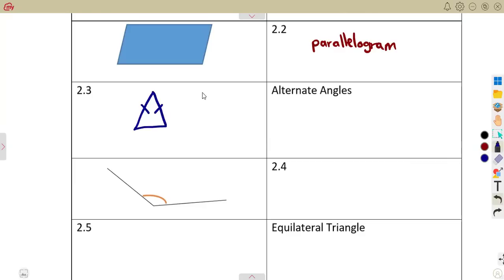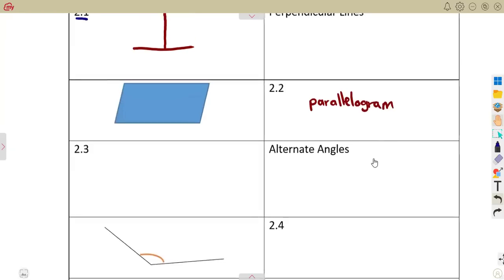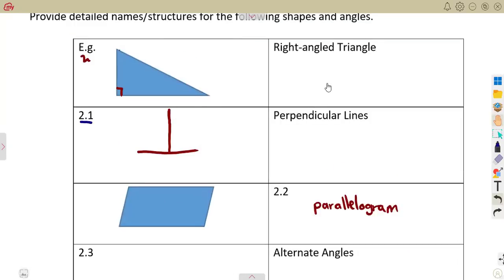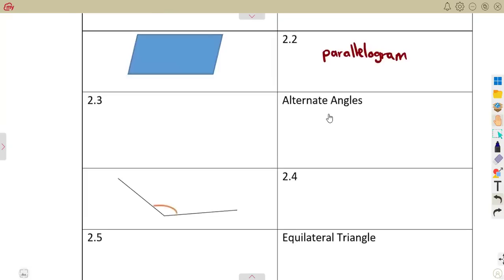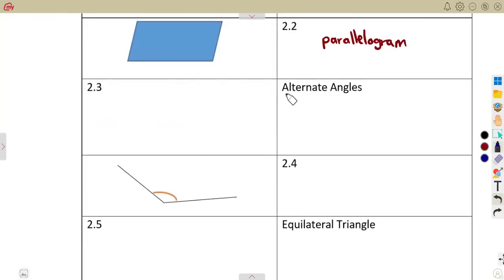Is it an isosceles triangle? Is it an equilateral triangle? Anything about geometry, they can ask you that. So go through all those revisions. It's all about geometry, all this right angle triangle. So let's revise as much as we can for our preparations.